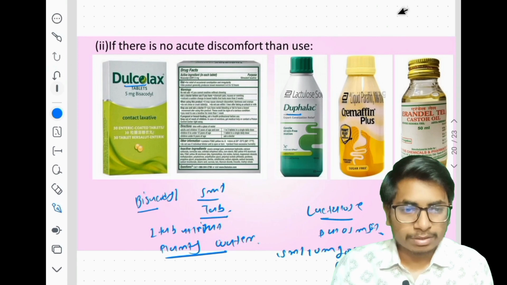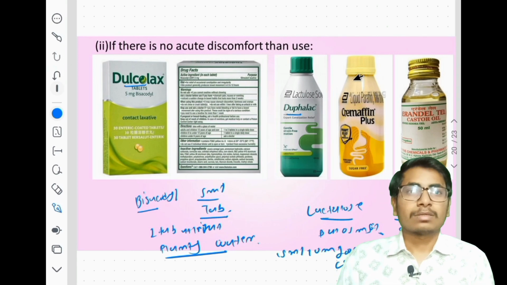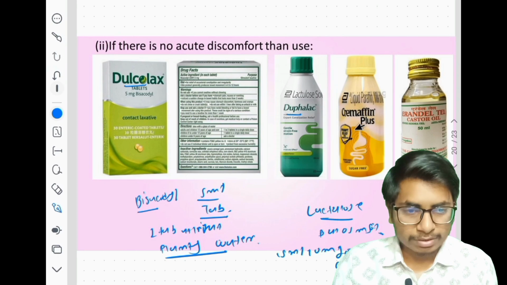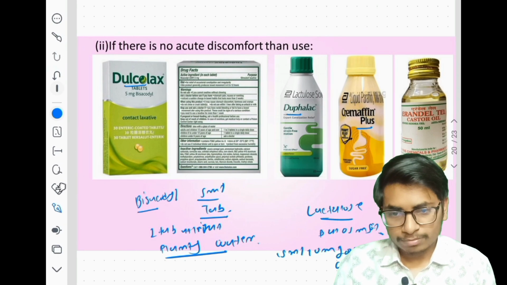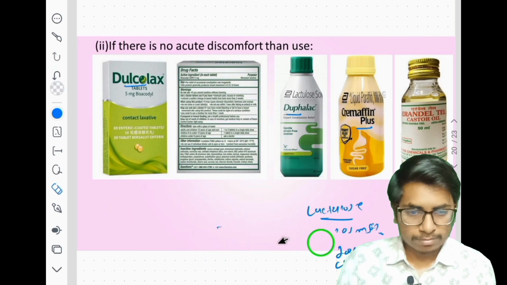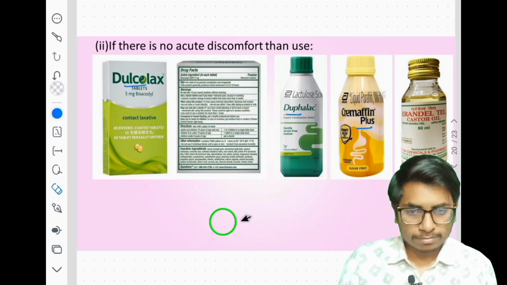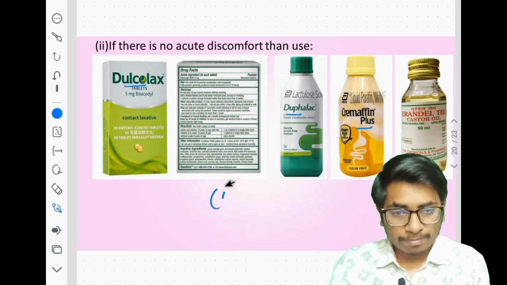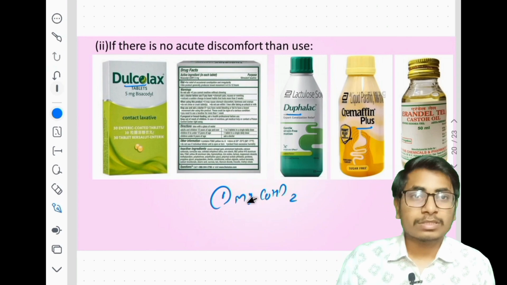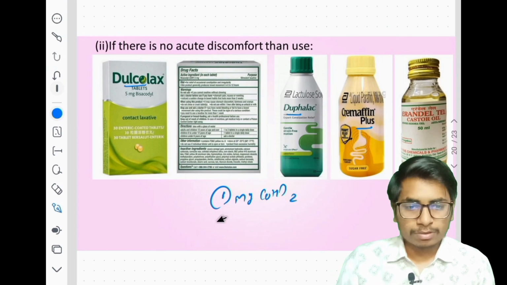Then the third is syrup Cremafin Plus, which contains 3 laxative components. First one is magnesium hydroxide, which is a bulk osmotic laxative.